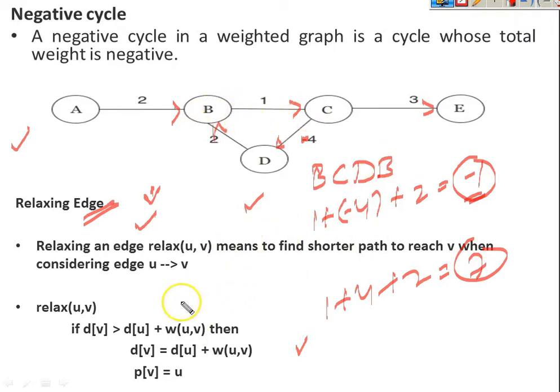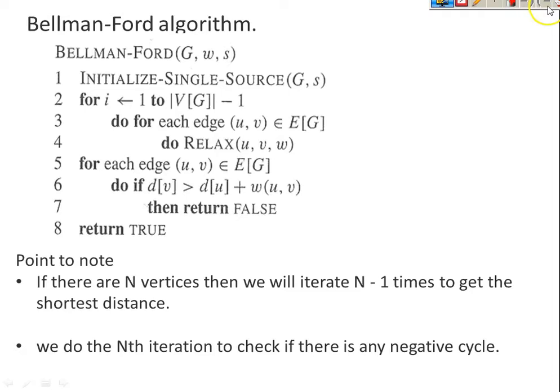So we will see what relaxation is, and then we will apply the Bellman-Ford algorithm to find the shortest path in the graph. This is the Bellman-Ford algorithm, and if we look at it, we need to initialize first, and for initialization we are passing the graph and one source.